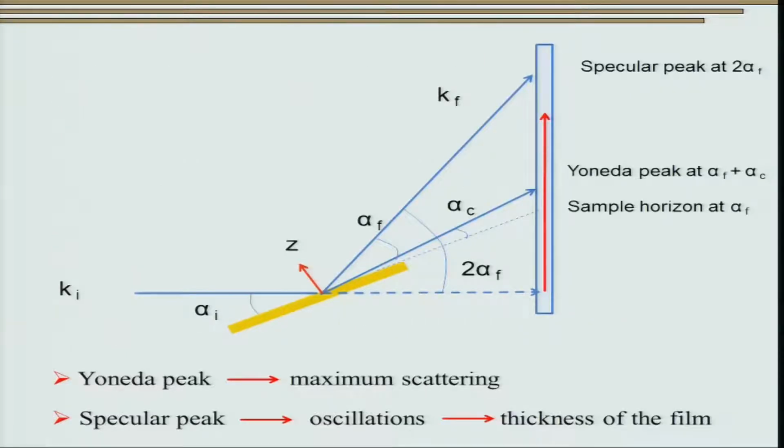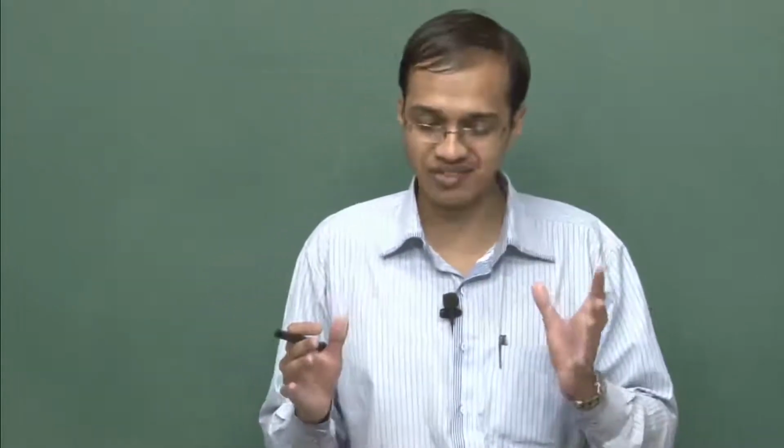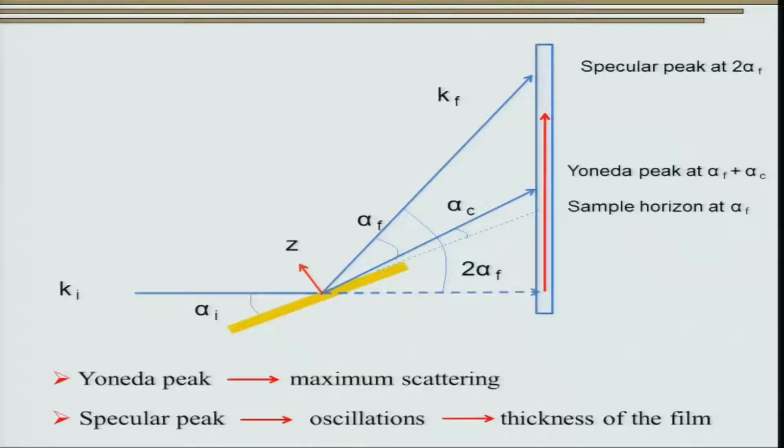Right. So let us again go back and look at the geometry. All the angles we are talking about are pretty small, the alpha i, alpha c or alpha f are pretty small, but just for the sake of simplicity I have blown them up so that we can appreciate it. You can imagine that what actually is happening, again the same image, is that the X-rays are incident, the wave vector ki, at an angle alpha i.